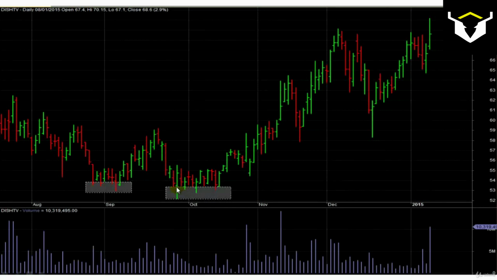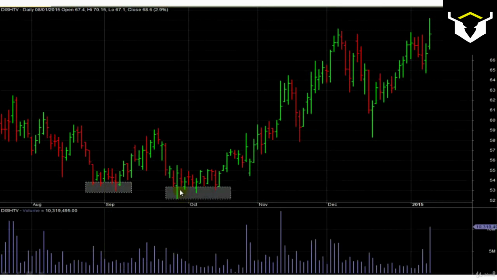And you can see one of them penetrated 53, others were very close to 53. If you were to take a look at this low, you can see this low is lower than its previous bottom. But take a look at volume in this region. You can see the volume, and compare this volume with the volume made in this region.